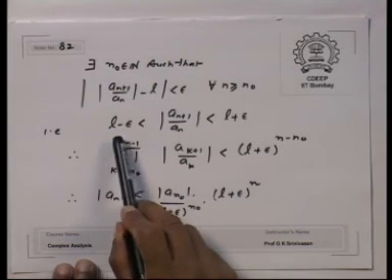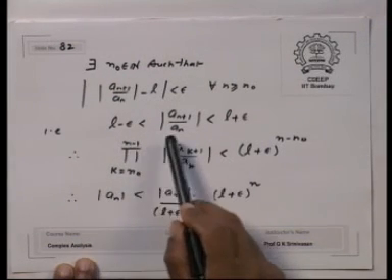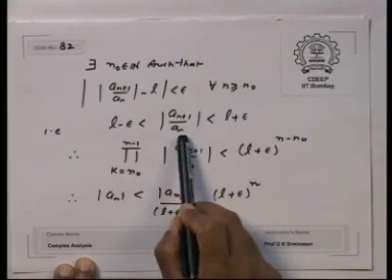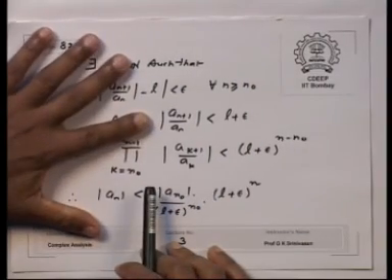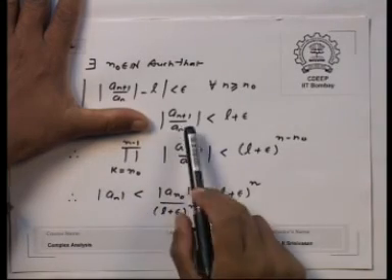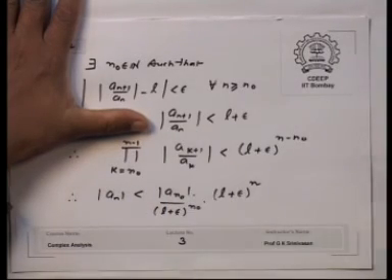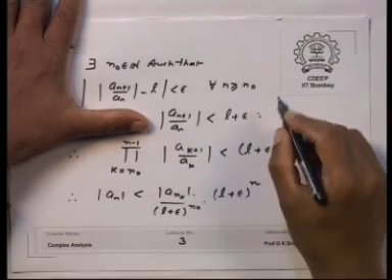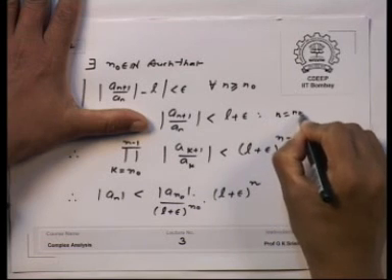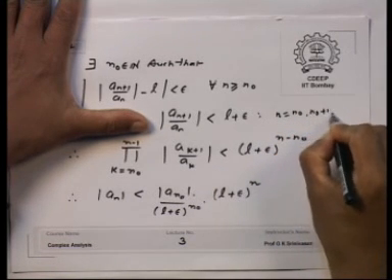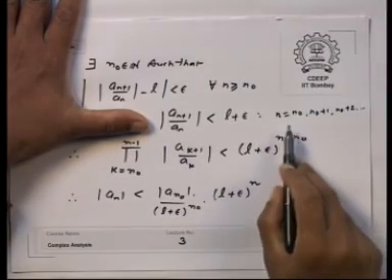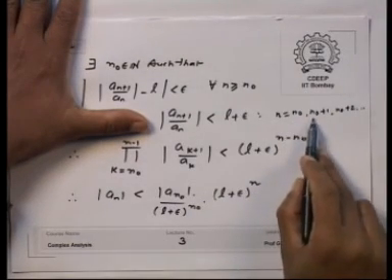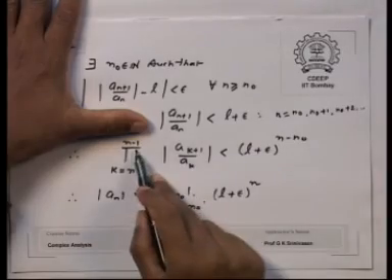That means L minus epsilon is less than mod an plus 1 upon an, which is less than L plus epsilon. We are really not interested in this part at all. Let us just focus on this part for n equal to n naught plus 1, n naught plus 2, etc. Let n run from n naught plus 1 up to n minus 1.